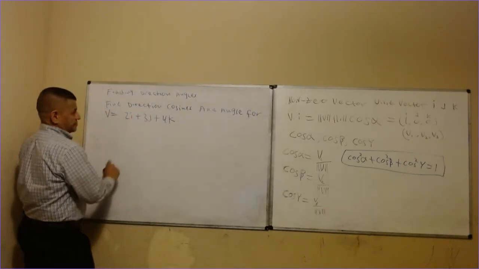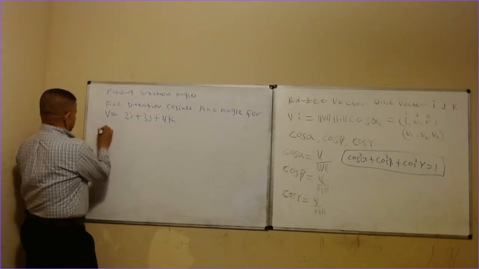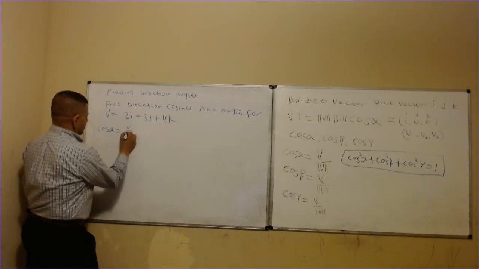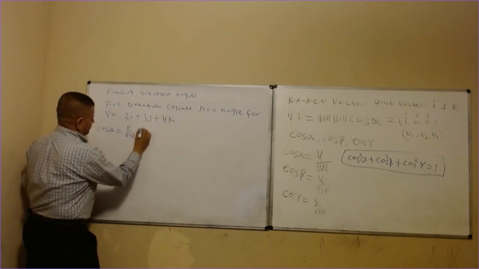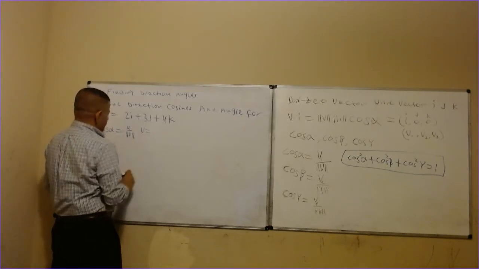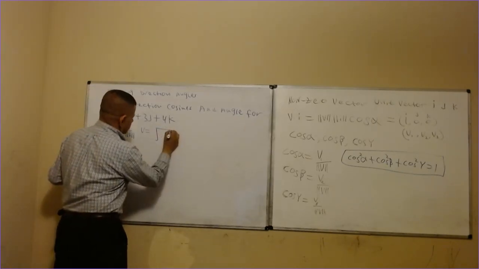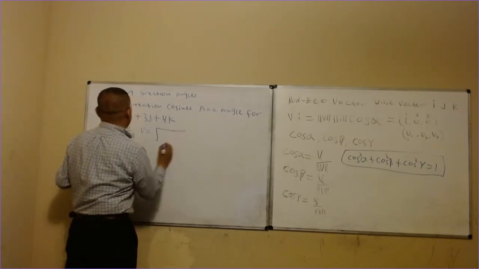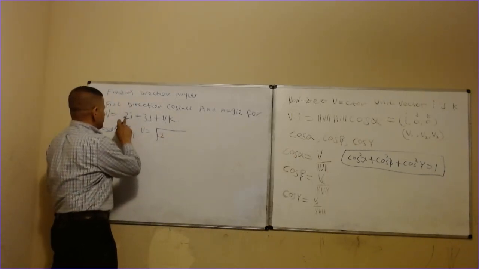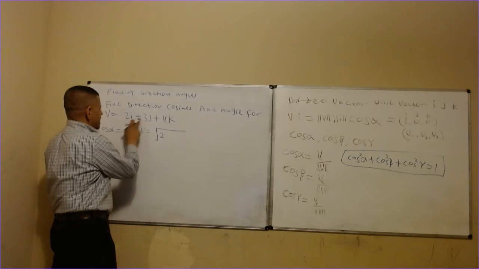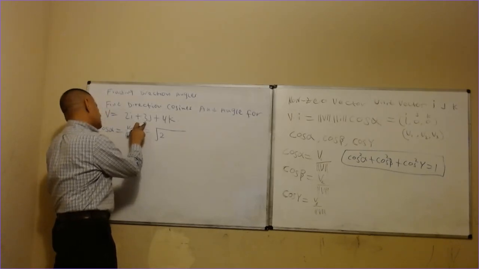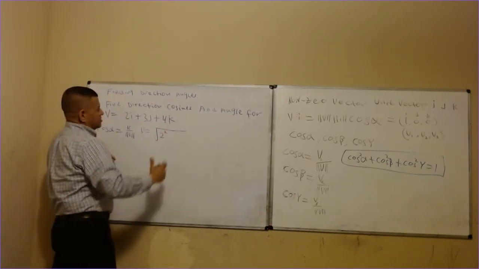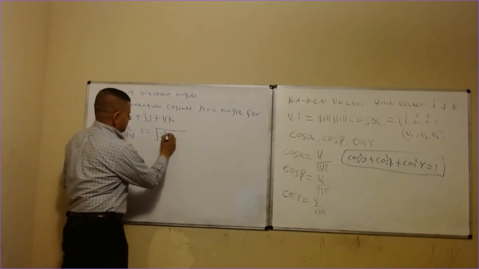Okay, so we find that cosine of alpha is going to be equal to d1 over the magnitude of v, right? For this specific one, the magnitude is going to be the same. So we do the coefficient of i, the coefficient of j, and the coefficient of k. We take those and square them, right?